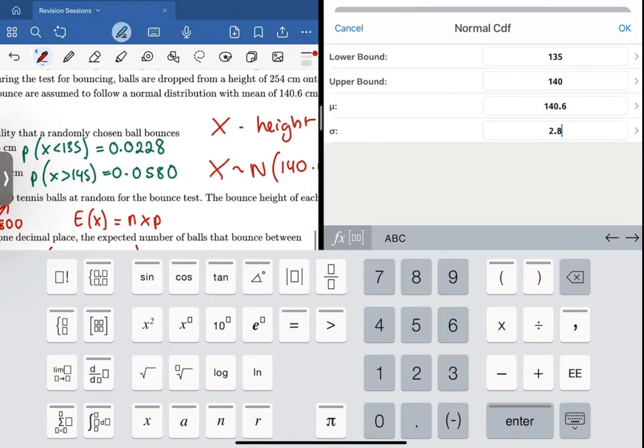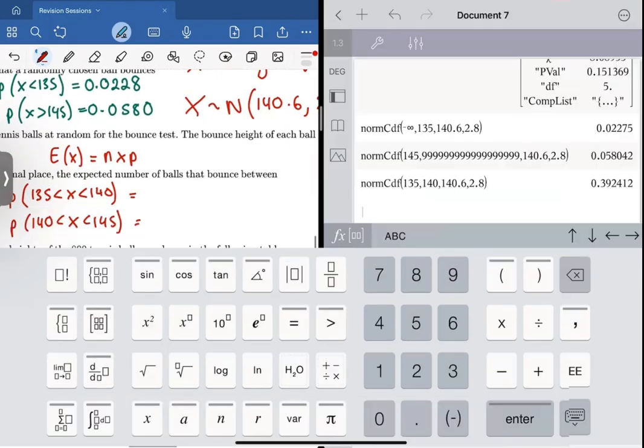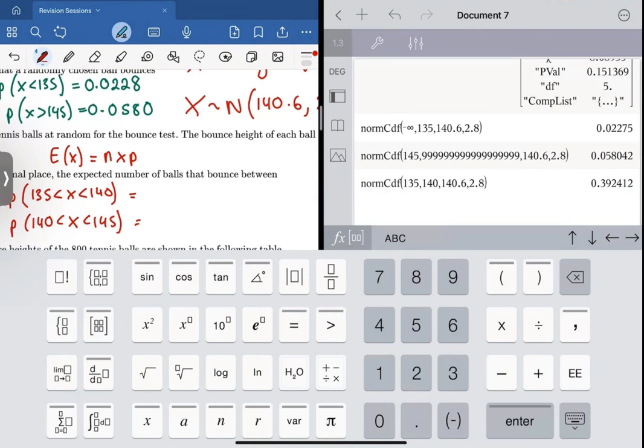Just double check, it was 2.8. Yes. Okay, so there's my probability. I've got between 135 and 140, 0.392. And then we've got one more time that we need to do it.